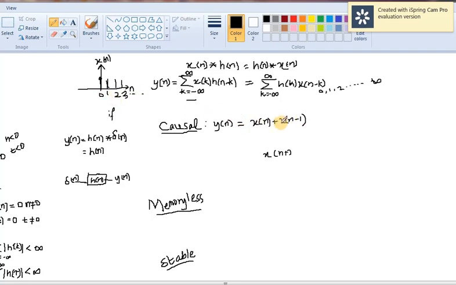input signal. I mean, the output of the system may depend on just the present, or may just depend on the past, or even it may depend on present as well as past values of the inputs.